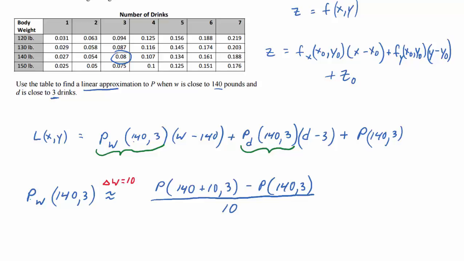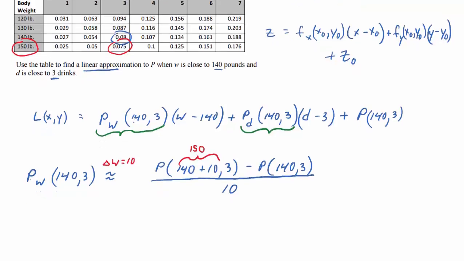Now you get these values by looking in the chart. 140 plus 10 is 150. So if you go up and look in the chart, P of 150, comma 3 would be the 0.075 that says there.